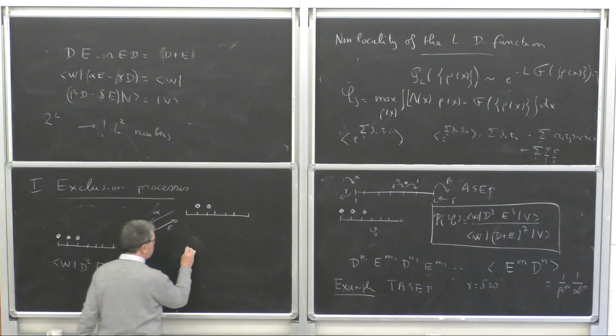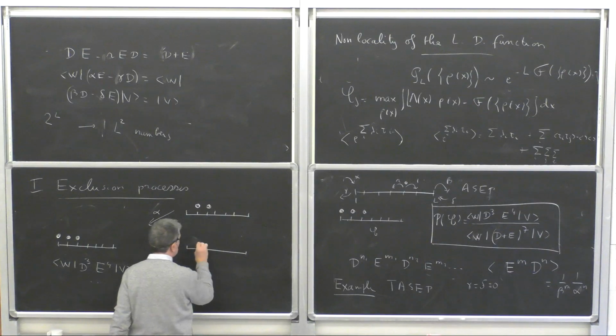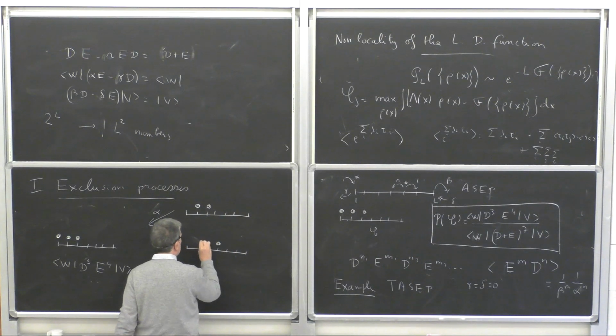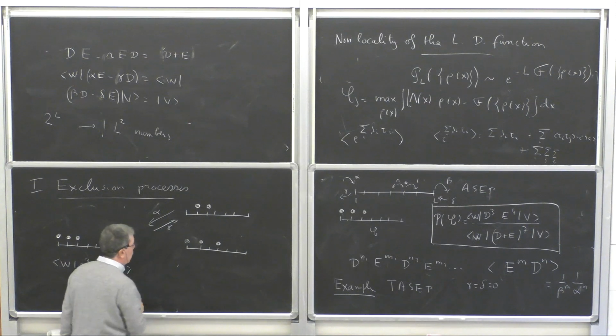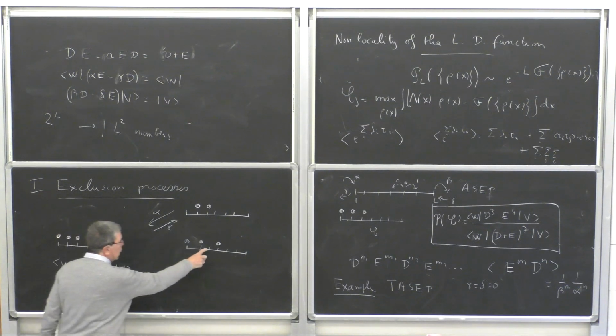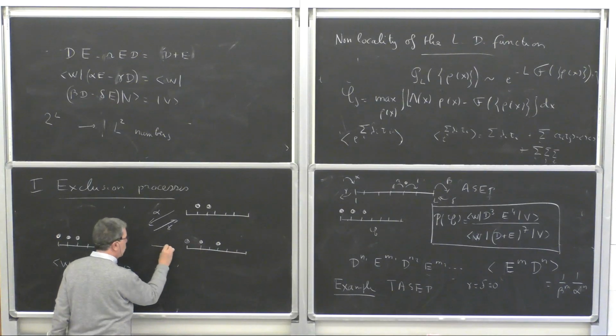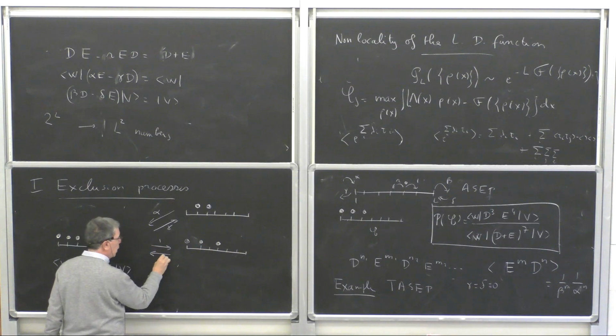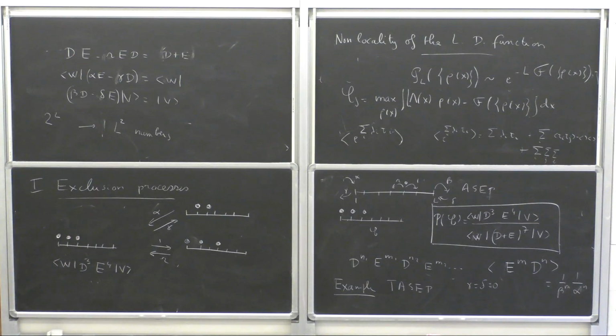I have taken one particular configuration to avoid too complicated things. Now I could go from here to there if there is a jump, so I go there with rate 1. And this I can go with rate r because the particle moves to the left.